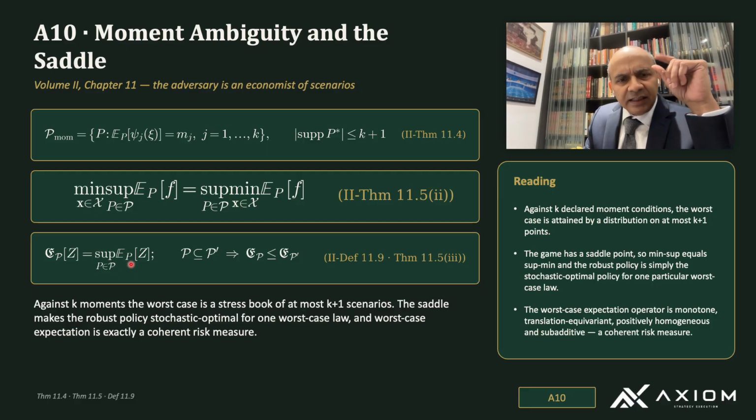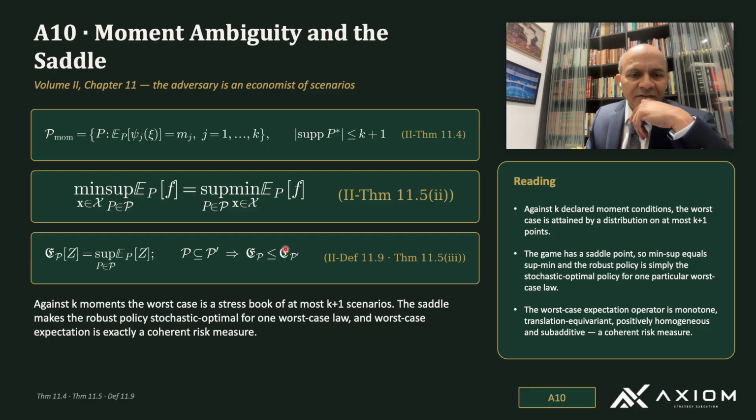The more uncertain distributions you admit as plausible, the more conservative the robust risk measure becomes. The worst case expectation operator is monotone, translation equivariant, positively homogeneous, and sub-additive, which is to say that it is a coherent risk measure. And conversely, every coherent risk measure is a worst case expectation over some set of laws.